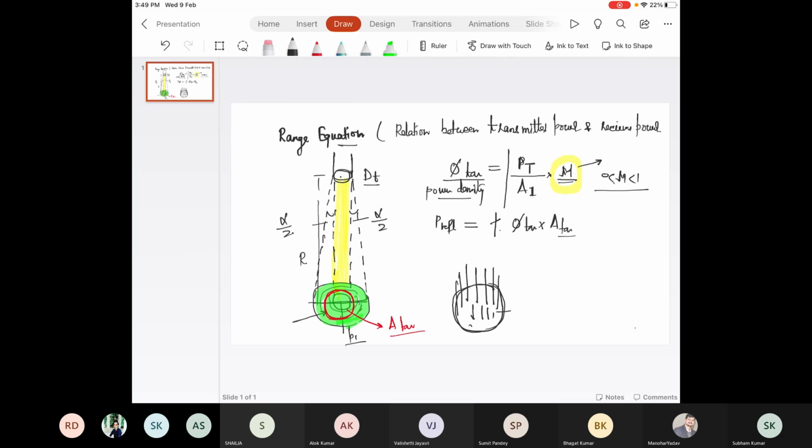If you have calculated the power density, then phi target into A target gives how much power will be reflected back in the upward direction, from this A target area only. Fine. If you multiply by rho, it means you have multiplied with the reflectance of this surface. And again, you need to divide it by pi.